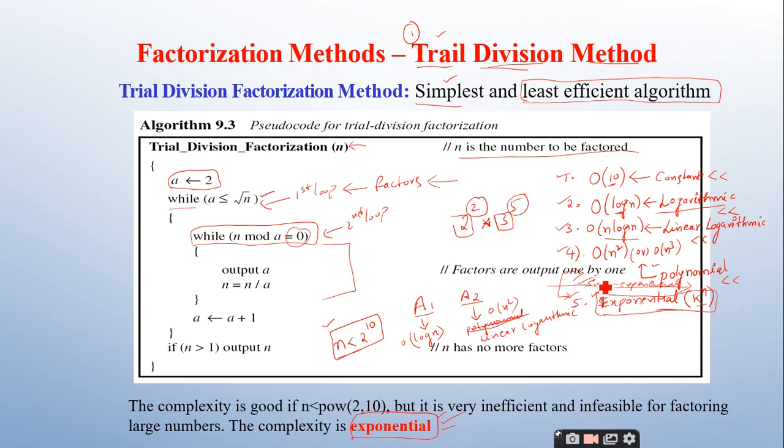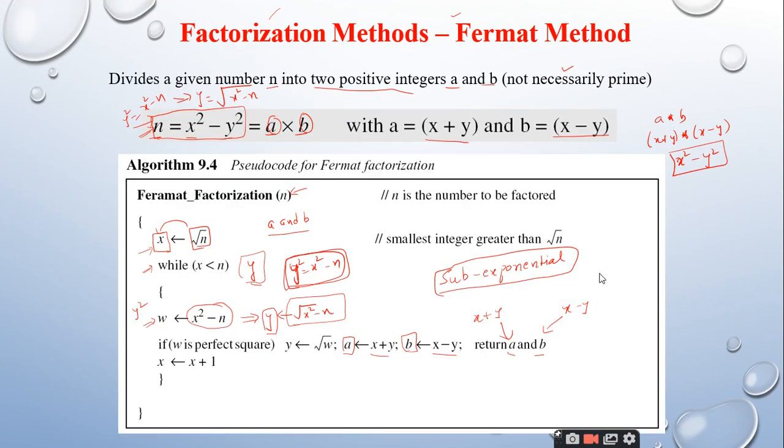So when compared to the trial division method and Fermat's method, which one is efficient? Fermat method, sir. Why? Because the complexity of the Fermat method is sub-exponential, which is much better than the exponential trial division method. Clear? Yes, sir.